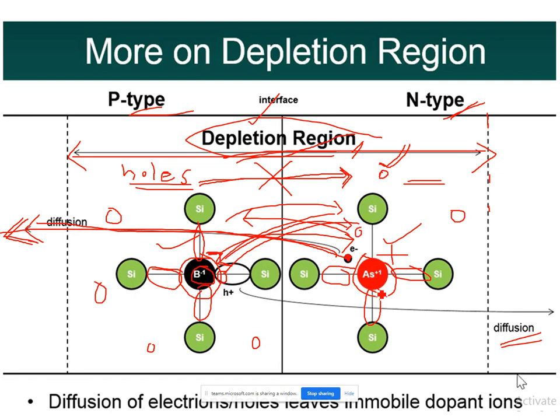The case which I have explained just now is under no electric field, no voltage is given, okay? I have just connected p type and n type material, both the materials are brought together, that's it. No voltage is applied, right?